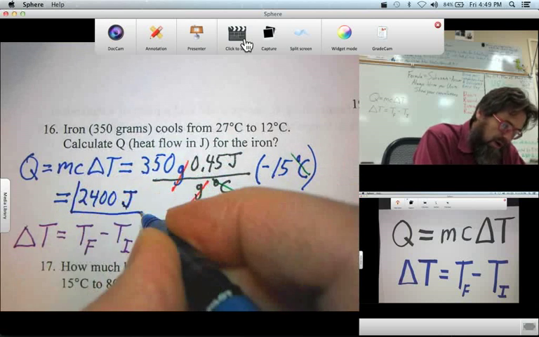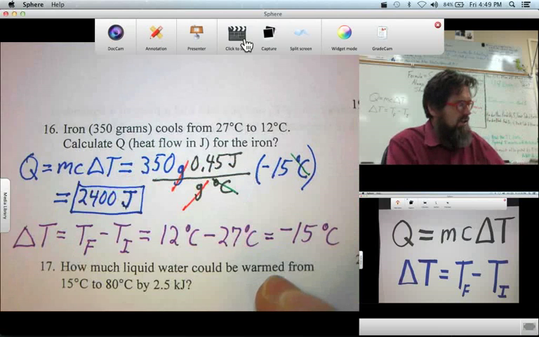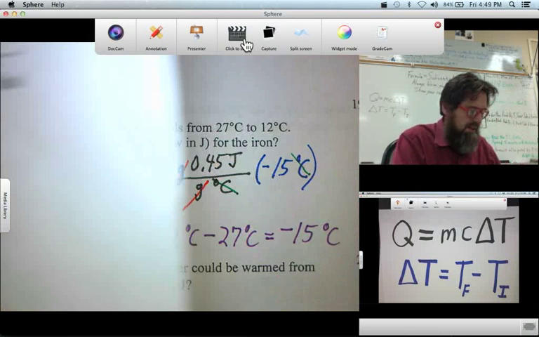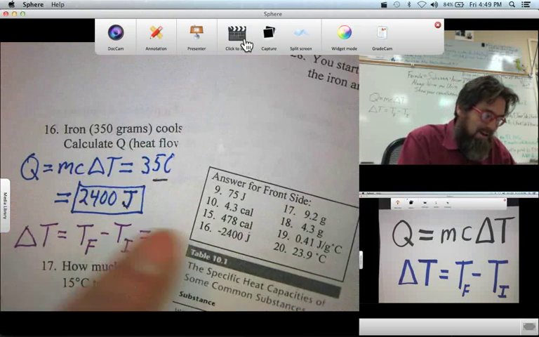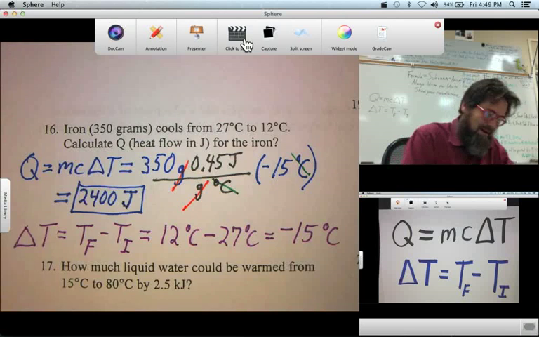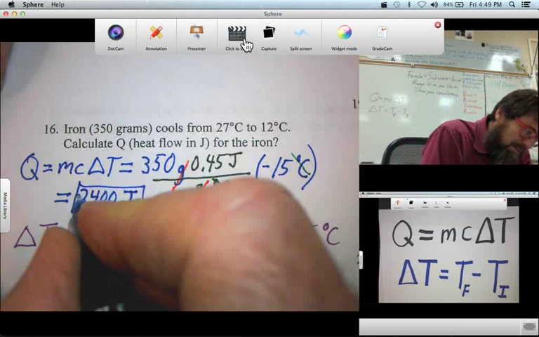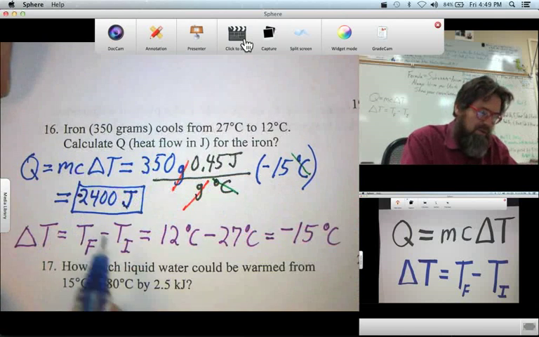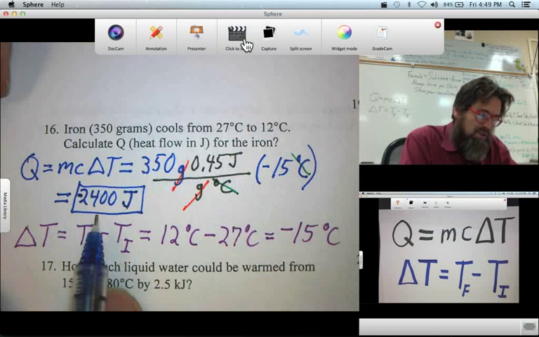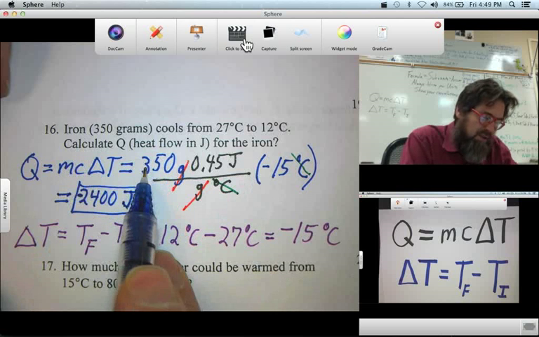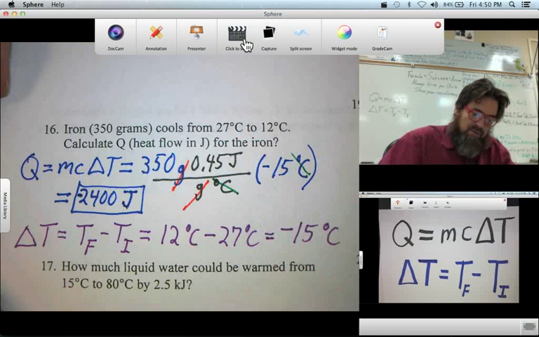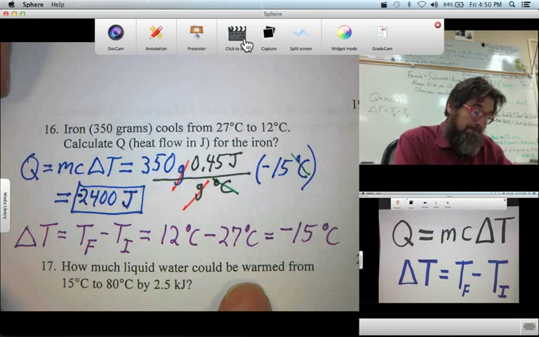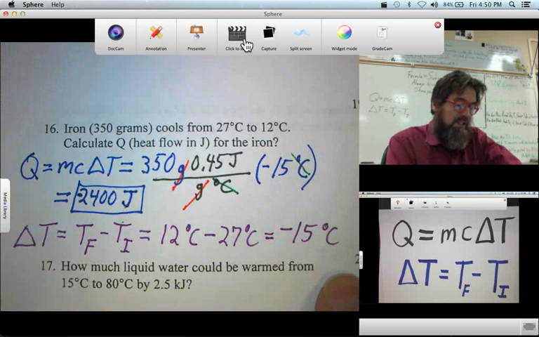So box our answer. This worksheet very nicely provides the answers on the back. Let's check our answer. Oh, I made a mistake. I forgot the minus sign. Ha ha ha. Well, I'll fix that. Minus 2,400 joules. We have 2 sig figs because 350 has 2 sig figs, and so does the other measurement. Okay, that's question 16.